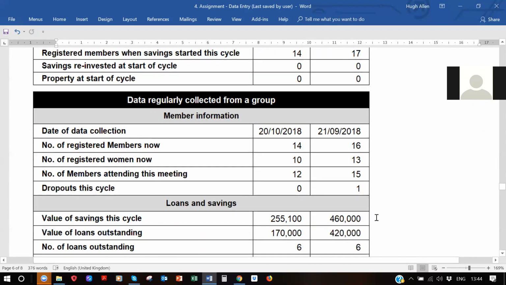The most important thing here is not to rush this. The most important thing is to be careful. Now, here is the exercise. What I am going to do is enter all 18 groups into the system. So by tomorrow morning, all 18 groups will have had the data entered, okay?